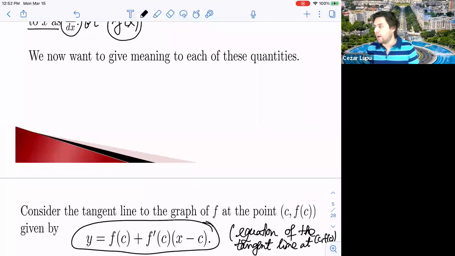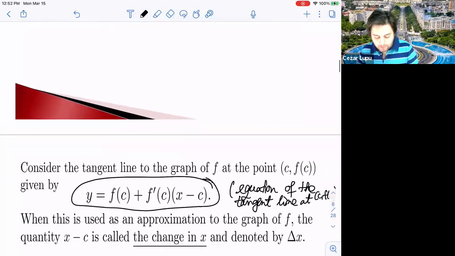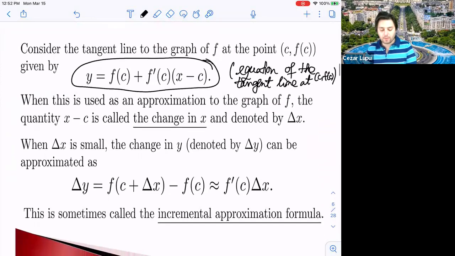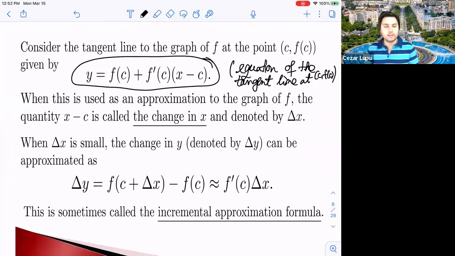Now, we can also use this as an approximation for the graph. When this is used as an approximation to the graph of f, this means that the quantity x minus c is called the change in x. So this is important, right? The change in x.